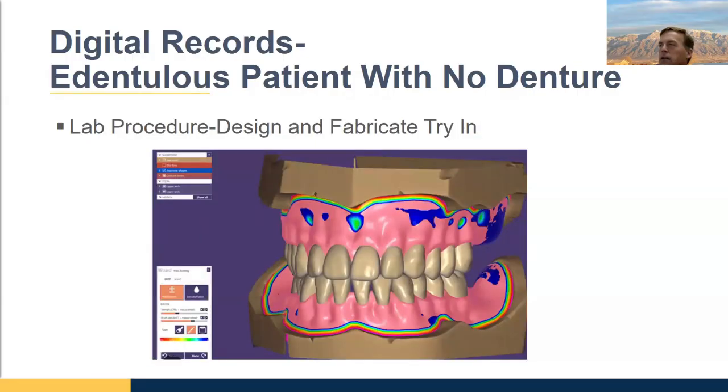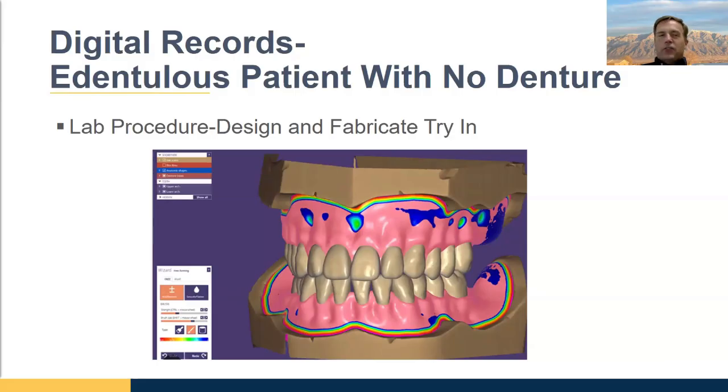So now we're back in ExoCAD. See the purple background? So if you send this to the lab, of course, they'll pour a model and then articulate it. One of the things that you can be comfortable with is, of course, you guys know scanning in the mouth is not the most optimum environment. The patient's moving around, you got saliva, it's dark.